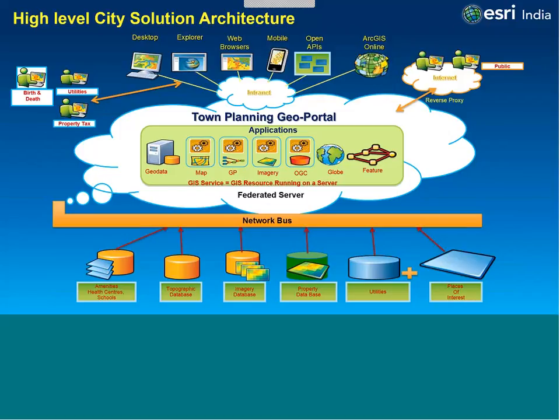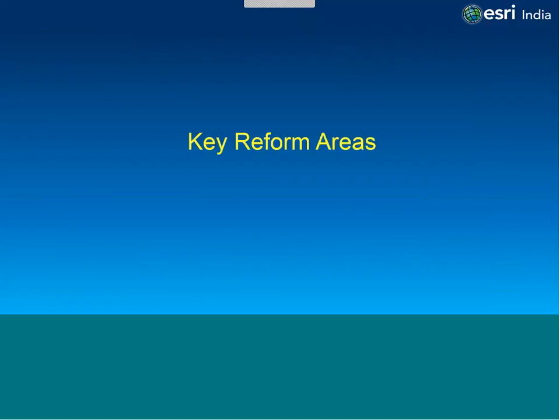Once all this data is integrated, a detailed master plan can be prepared under controlled workflows using standardized data models. Once these master plans are released, they can be accessed by various departments and stakeholders in their smart applications and used for various reform activities.